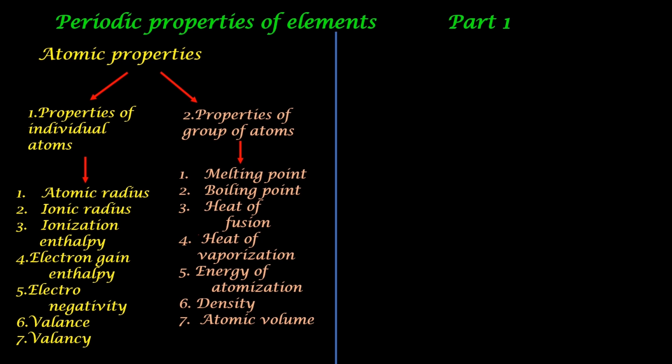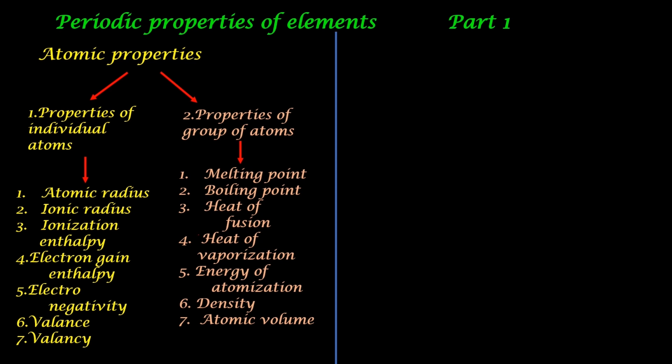It is the amount of energy absorbed by the solid substance at melting point till all the substance is converted to liquid state. Next one, heat of vaporization. It is the amount of energy absorbed by the substance at its boiling point till all the substance gets converted to vapor state.